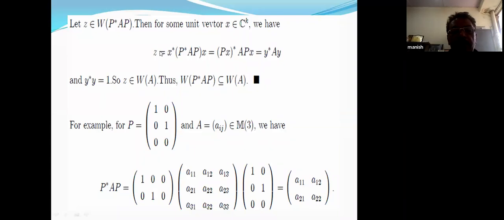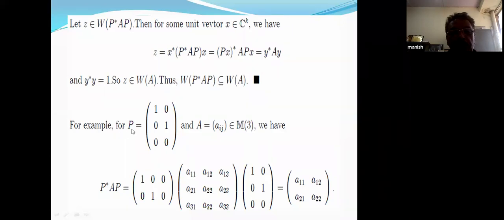Because if Z belongs to the numerical range of P star AP, then for some unit vector X, this can be written as X star P star AP X. This comes out to be PX star A PX, and this equals Y star AY. And we calculate that Y star Y is equal to 1. So Z is also in the numerical range of A. So we have this property: numerical range of P star AP is contained in the numerical range of A.